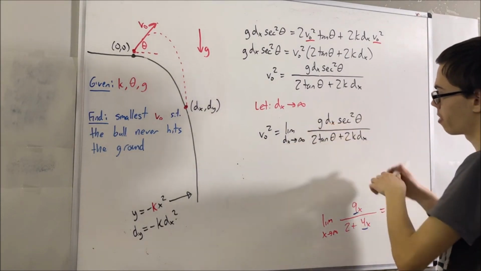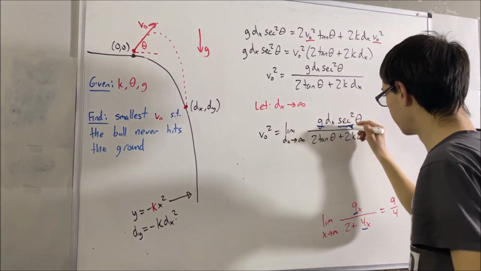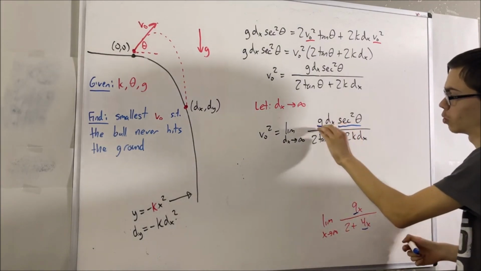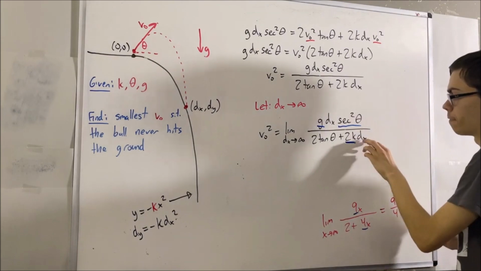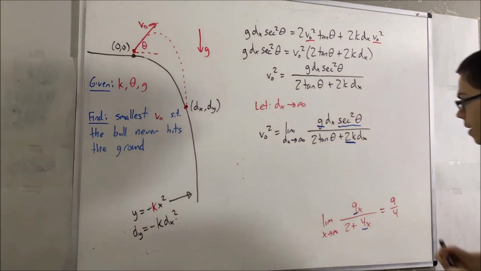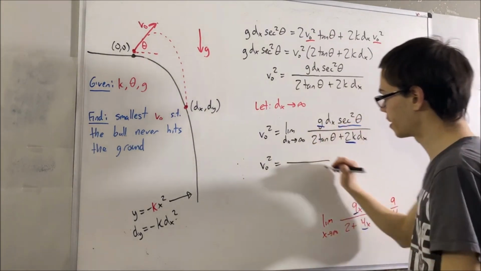As for the numerator, the g secant squared theta would be our coefficient, because that's what the dx is multiplied by. In the denominator, the coefficient in front of dx would be 2k. So now we know what the answer to this limit would be. In the numerator, it would just be g secant squared theta.